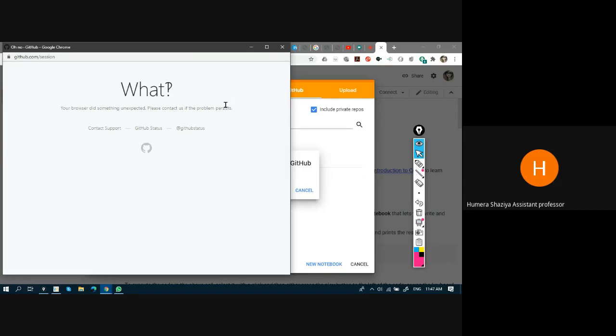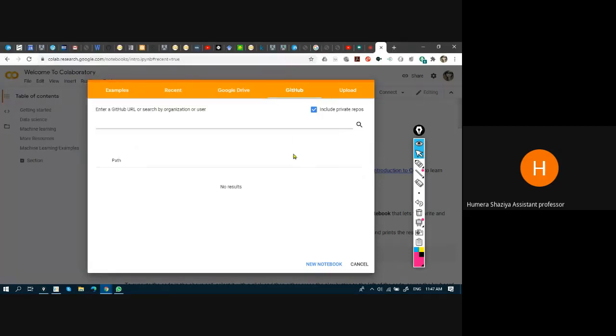Entire folders that contain several programs, projects, applications, software, all for that matter you can store in your GitHub. From GitHub also I can open.